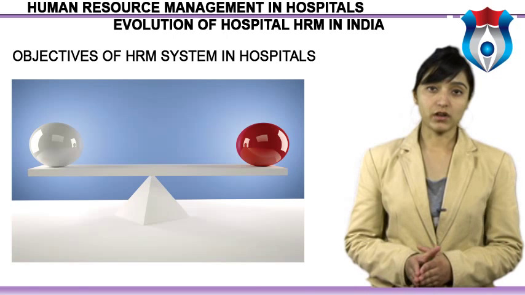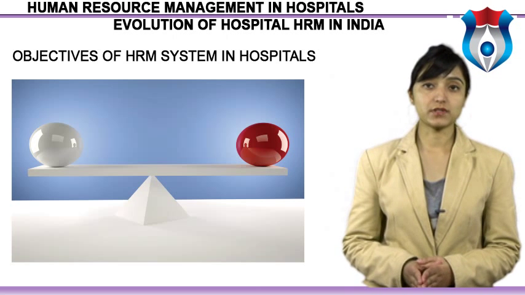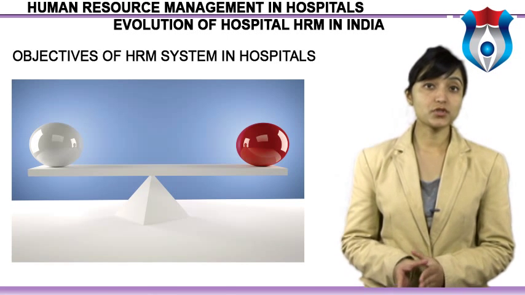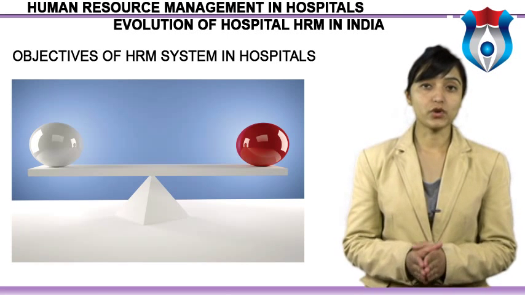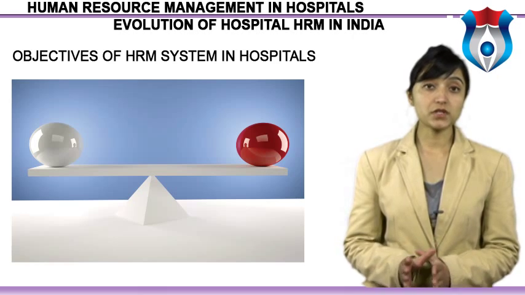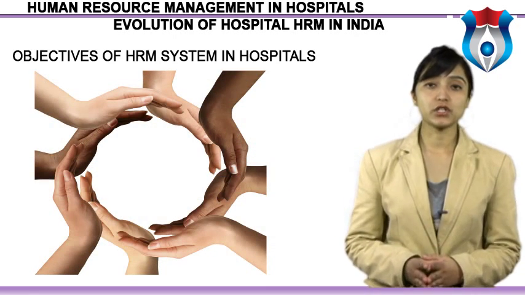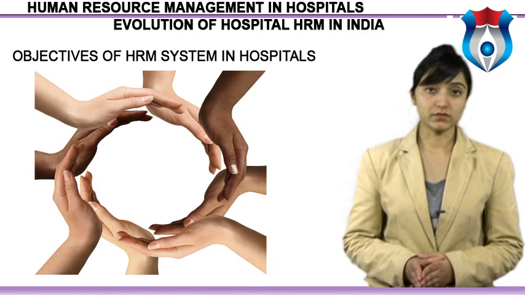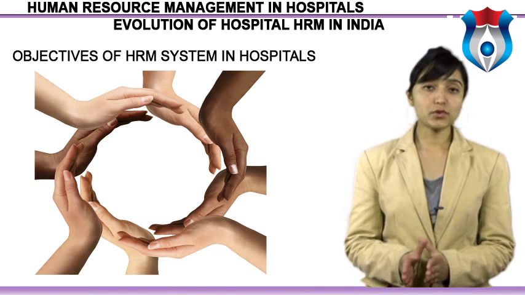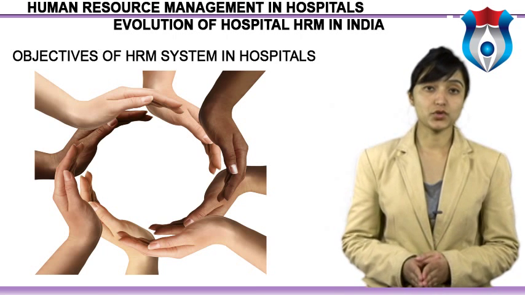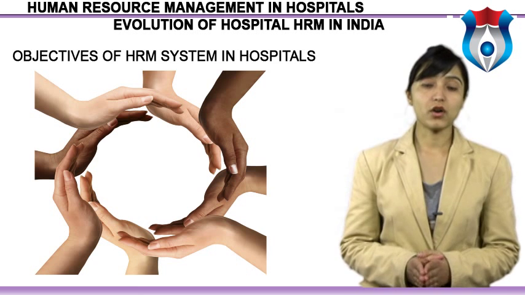Objectives of HRM system in hospitals. The broad objective of HRM is to contribute towards realization of the hospital's goals. The specific objectives are to achieve and maintain good human relations within the hospital. Enable each employee to make his/her maximum personal contribution to the effective working of the hospital.